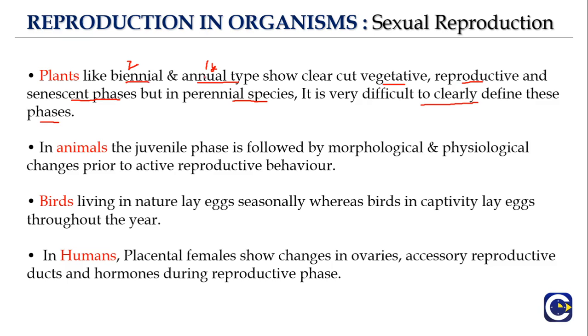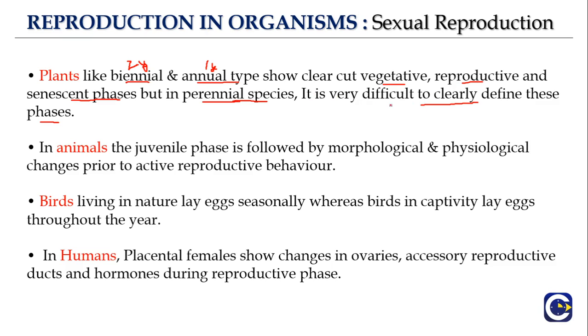So the difference is that in annual plants the whole cycle takes place in 1 year, whereas in biennial plants it takes 2 years, and in the second year it will generally bloom much more than the first year. So there is a clear-cut vegetative, reproductive and senescence phase in both biennial and annual plants. However, perennial plants are plants that grow for more than 2 years, for a lot of years.